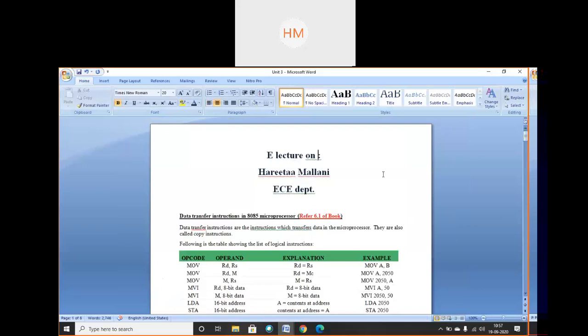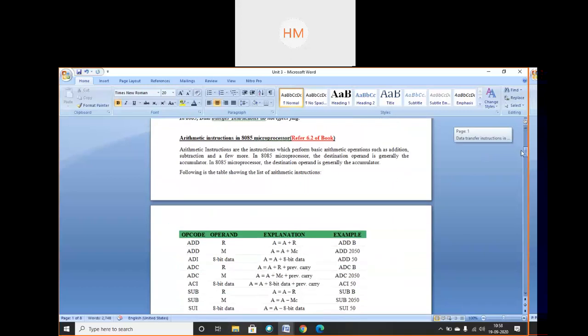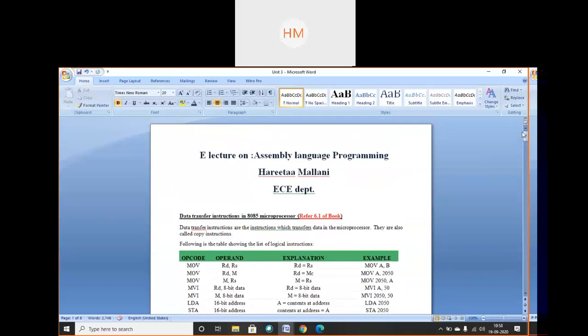So now we will start assembly language programming. You all should have thorough knowledge of the instruction set. The screen is visible to all.